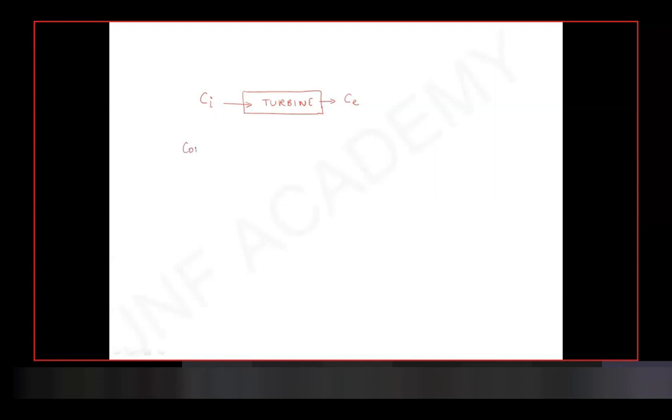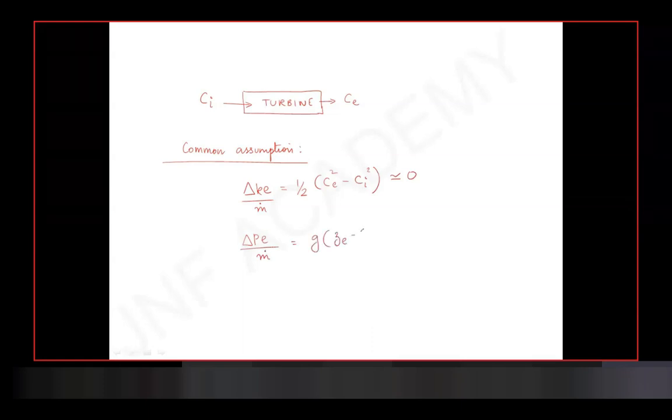The most common assumption that is made is that the delta kinetic energy through the turbine, which is half Ce square minus Ci square per unit mass flow, is negligible. And your delta potential energy per unit mass, which is g into Ze minus Zi, is also neglected for a turbine.